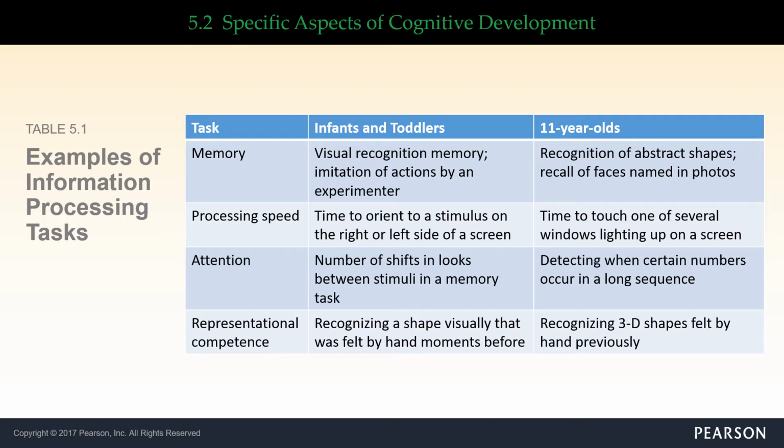So some examples of information processing tasks would be memory, as we just mentioned. For infants and toddlers, they have visual recognition memory, and they're able to imitate actions that someone else does.